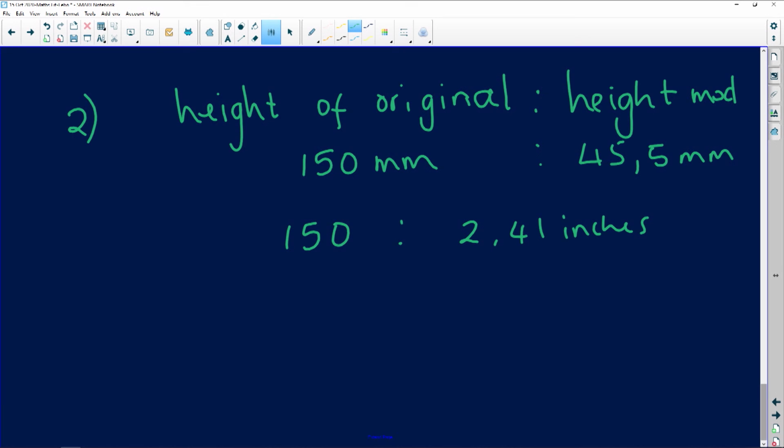Whenever you have something like this, you cannot have it like that because we have been given everything in millimeters. So you know you're going to have to do a conversion somewhere, somehow. 45.5. So the X is what I'm looking for. But now I want to convert this into millimeters.